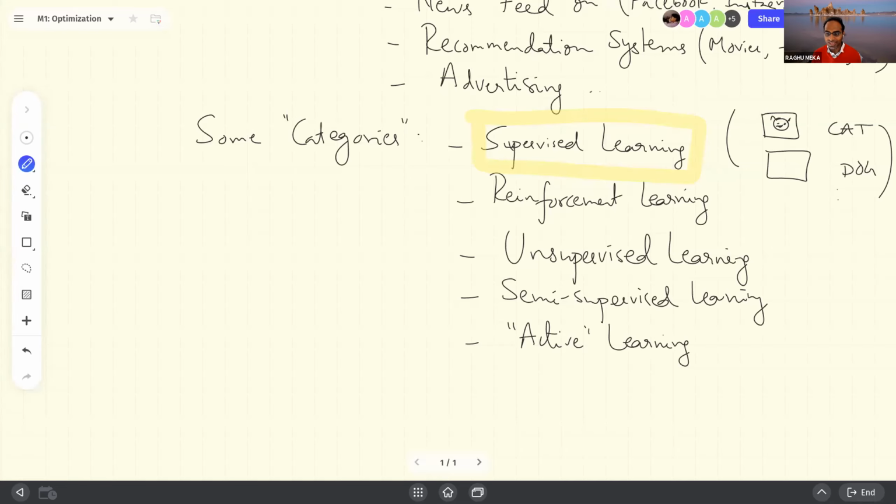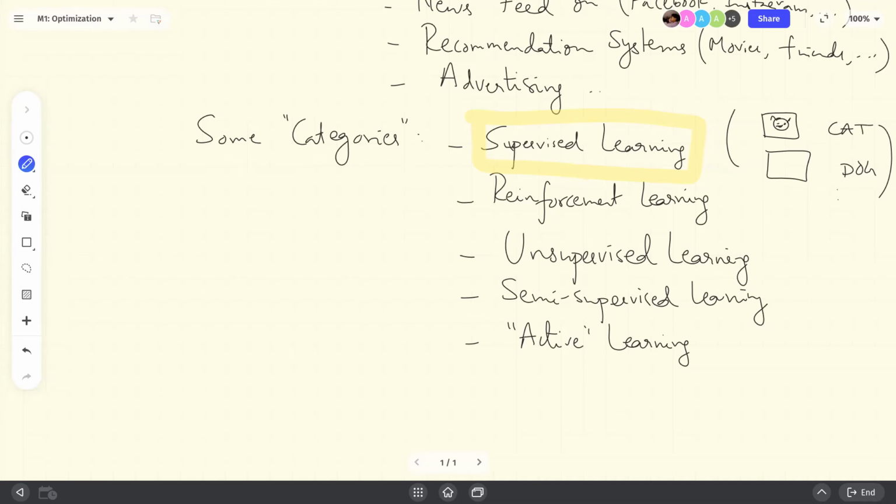If I'm trying to learn cats and dogs, there's no point in asking, is this a mountain, right? So I would try and ask something which is most informative for me. In active learning, part of the algorithm's job is to try and figure out which question to ask next. Okay, it's a whole area by itself.